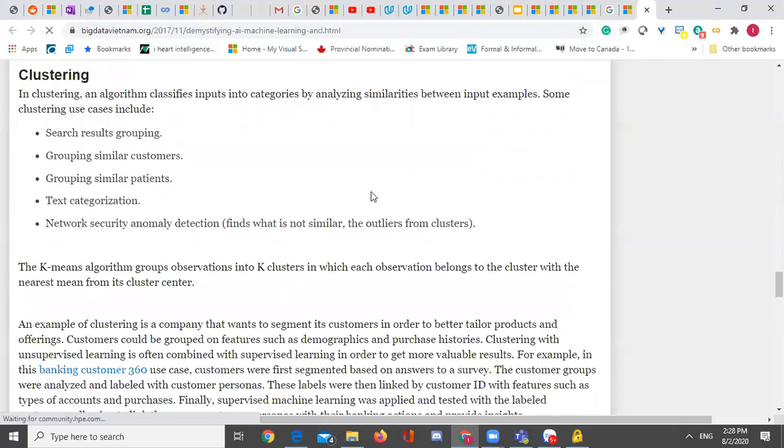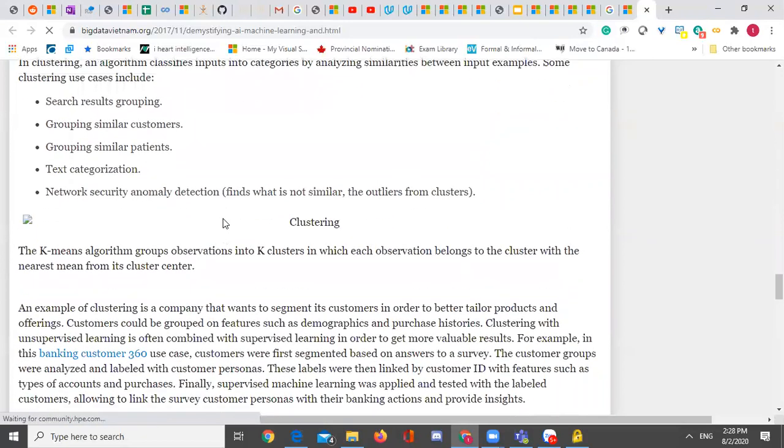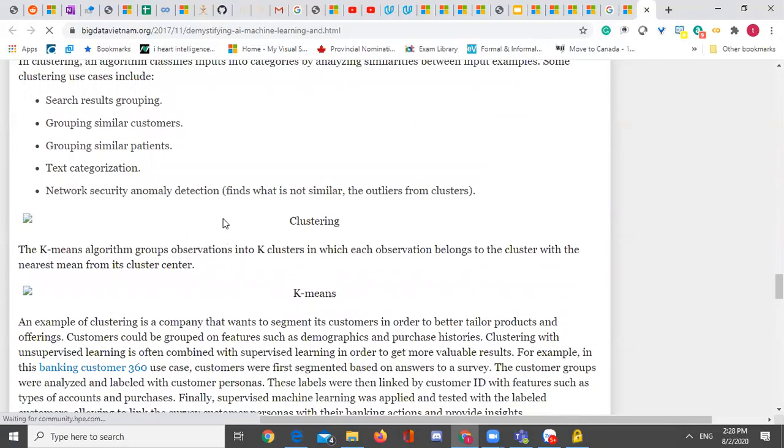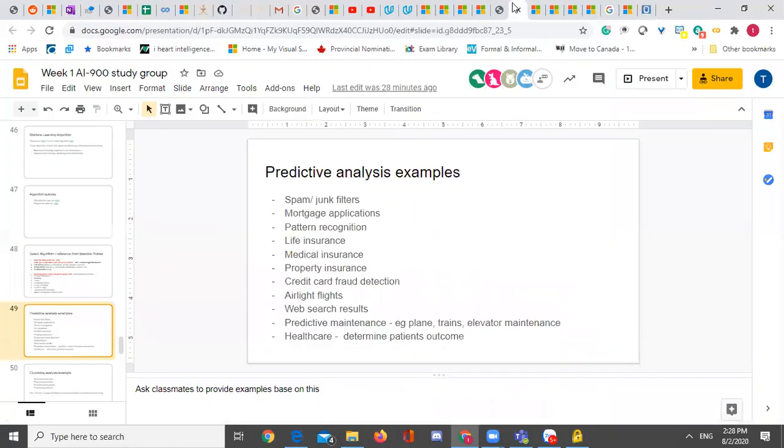So let's simplify the terms here. For example, if you want to do text categorization, what do you guys use? Oh, I shouldn't show everyone that I exposed the answer already. Okay, text categorization.